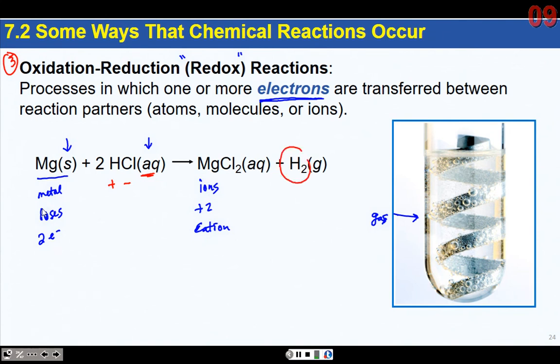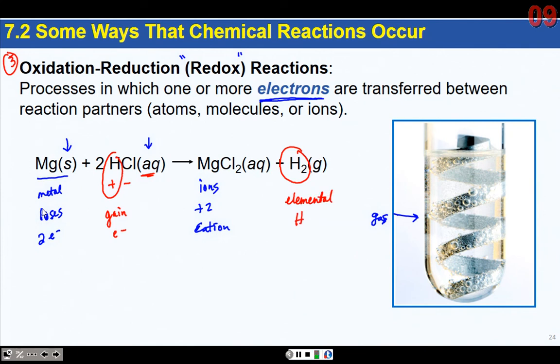Apparently, you form hydrogen gas. So hydrogen gas is neutral hydrogen. It neither has a cation or anion characteristic. And so if the hydrogen cations gain electrons, then you can turn it into neutral hydrogen. So this is an elemental form of hydrogen, is another way of saying it.